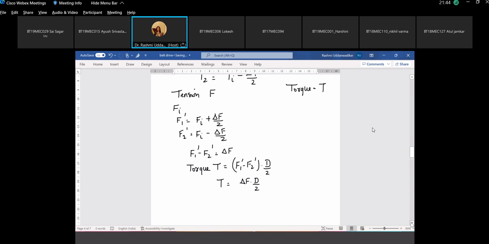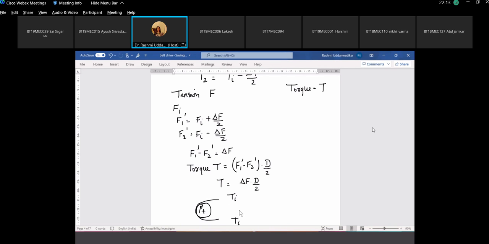Now, as we have seen, this is a pulley, there is a belt around the pulley, which is continuously rotating in, say, whatever direction. There is an initial tension Ti on either side.